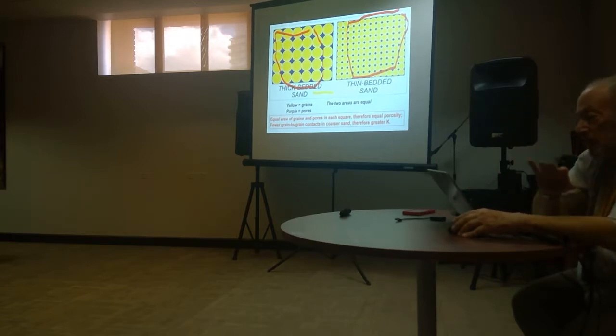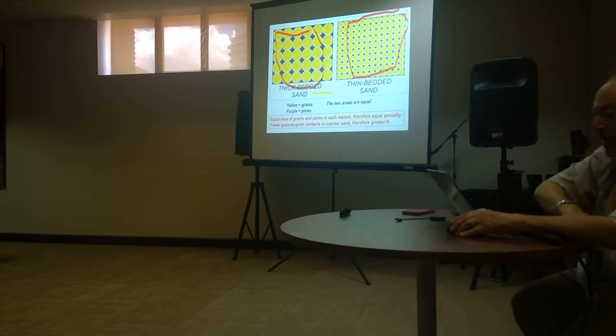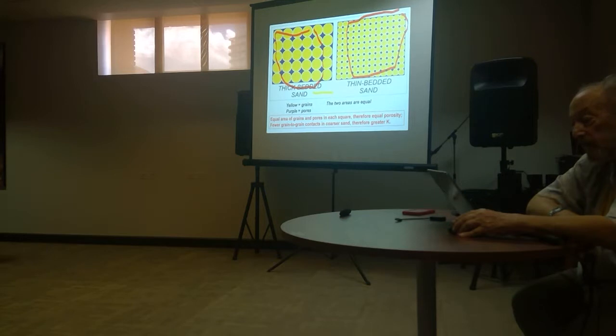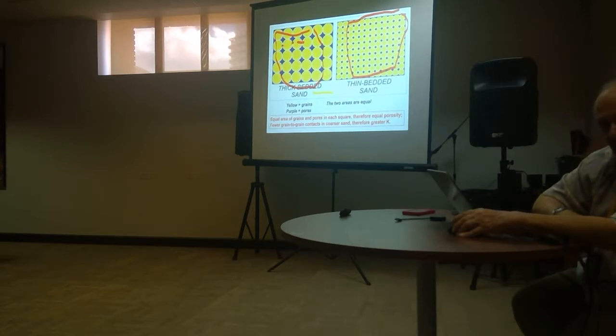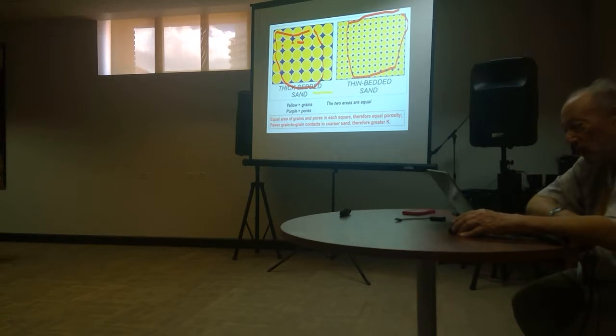And if you look at permeability in this very simple manner, the permeability is going to be affected by the number of grain-to-grain contacts. Wherever you have a grain-to-grain contact, that's kind of like a permeability barrier, so your fluids won't flow from one pore to the next.